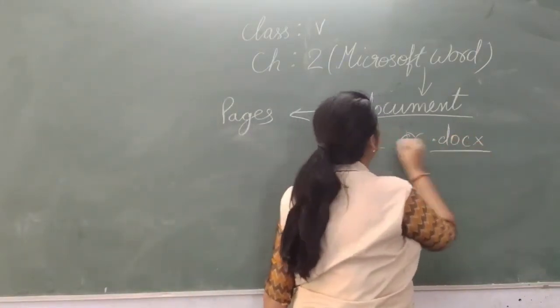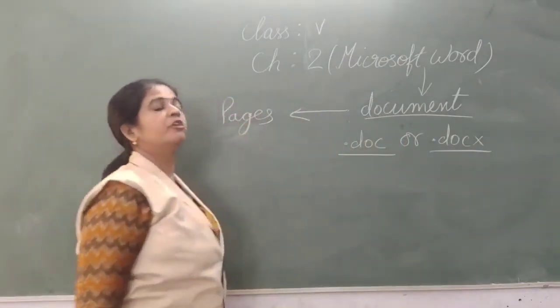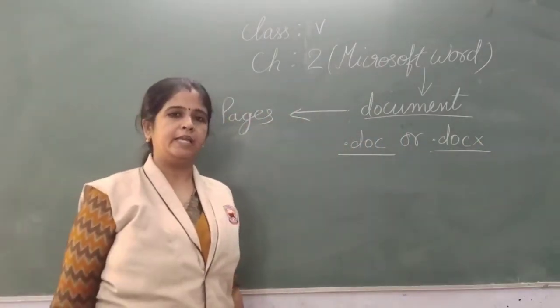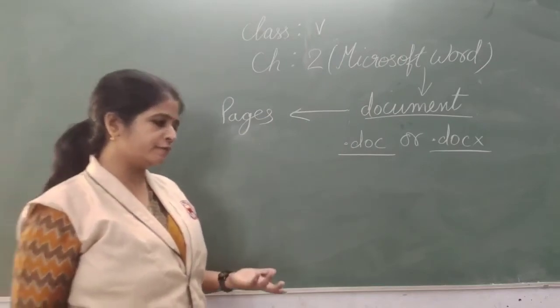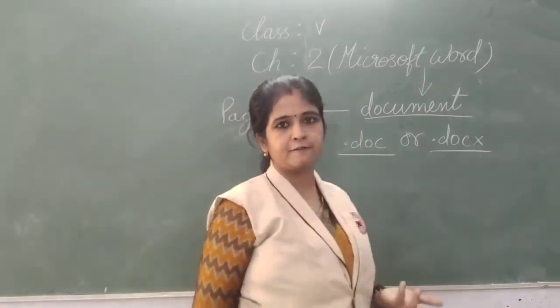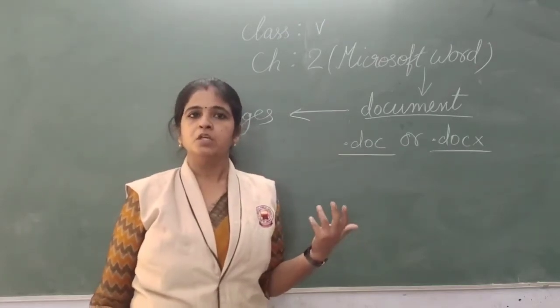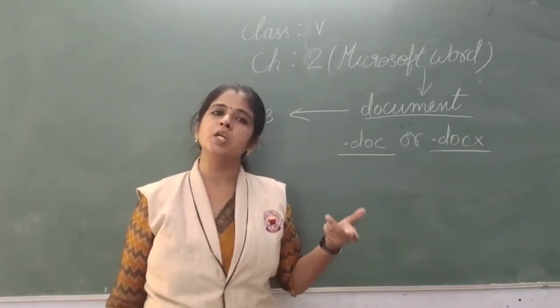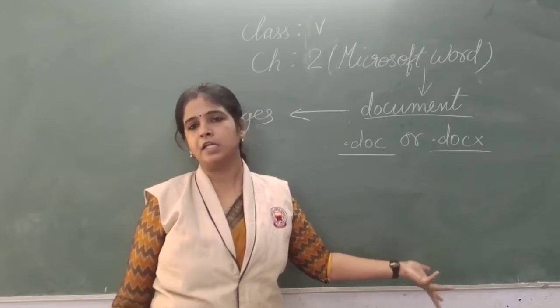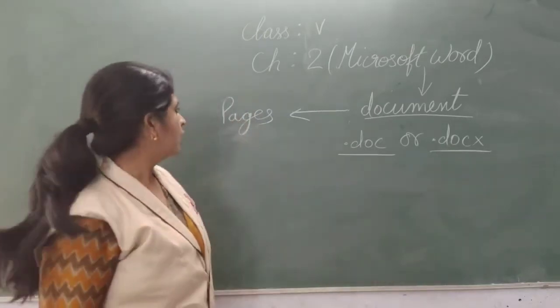It is the extension file name which Word provides to its file. Whenever you save any file, for example, I have saved a file in MS Word and the name is Priya, it will save as priya.doc automatically in the computer's memory.